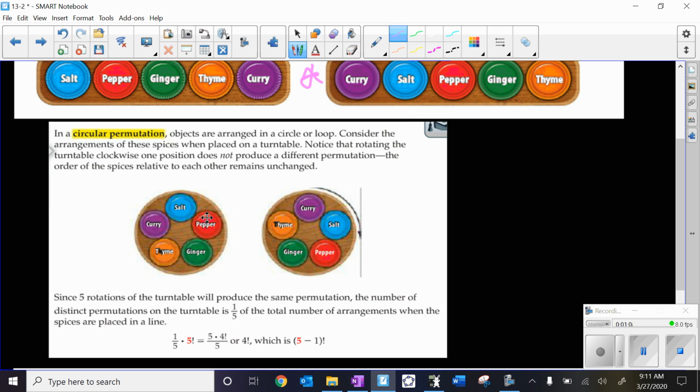Even though they're in a different location, they're still in the same order if I go around in a circle. Notice on the left I have salt, pepper, ginger, thyme, curry, and then over here to the right, they were shifted one direction to the right, but if I don't know where I'm really starting, it could be the exact same permutation.